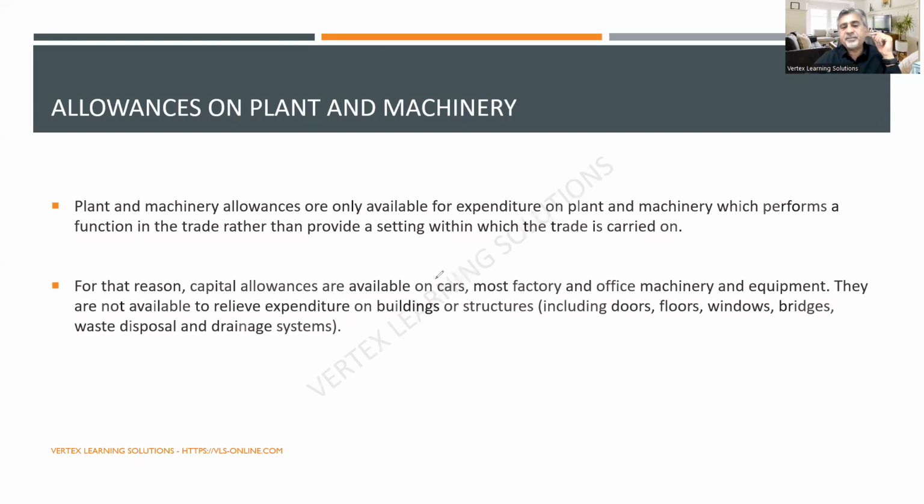For that reason, capital allowances are available on cars, most factory and office machinery and equipment. They are not available to relieve expenditure on buildings or structures, including doors, floors, windows, bridges, waste disposal. We will have a separate category for them.